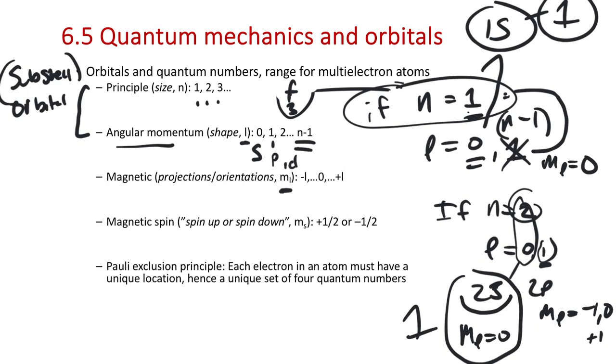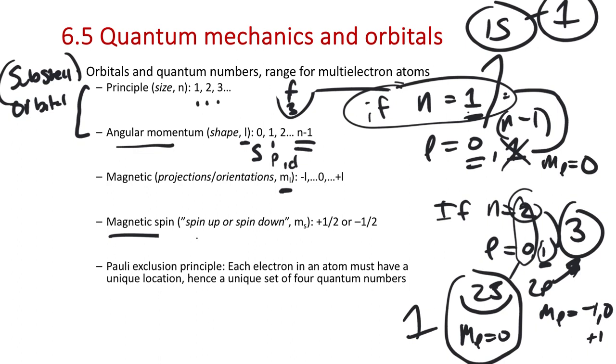So minus 1, 0, 1. That's 3. So there are 3 2p orbitals. So we go from one 1s, one 2s, to three 2p's. If we look at our periodic table, we get 2 elements, hydrogen, helium. We get another 2 elements, lithium, beryllium. Then we get 6 elements. You can kind of start to see these orbitals in process.